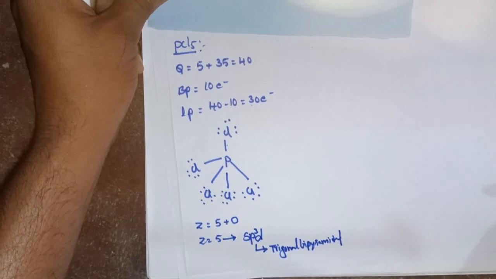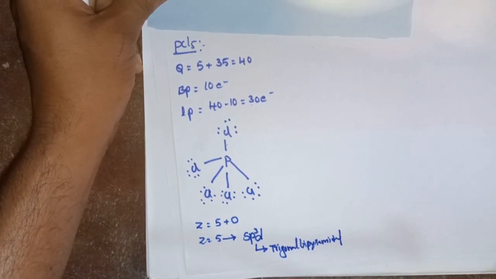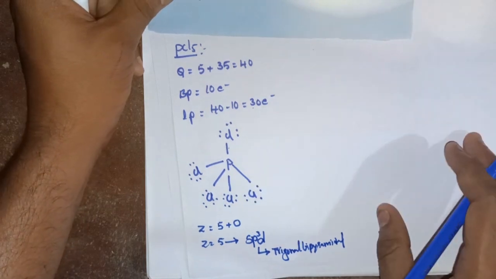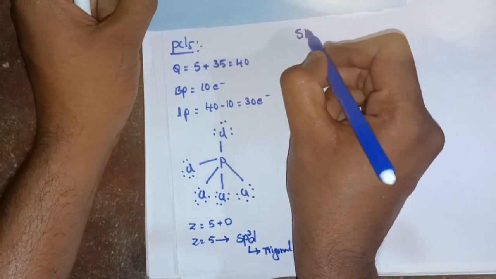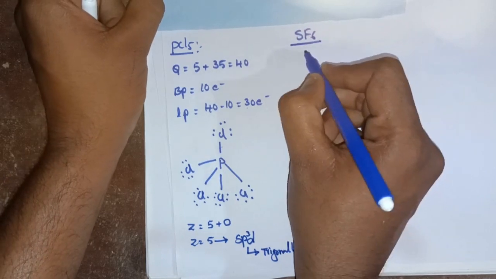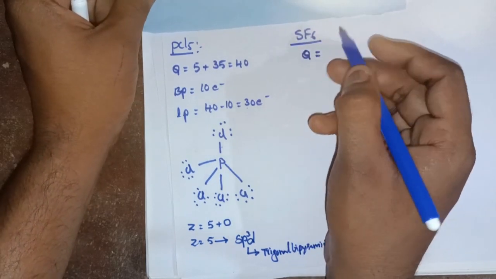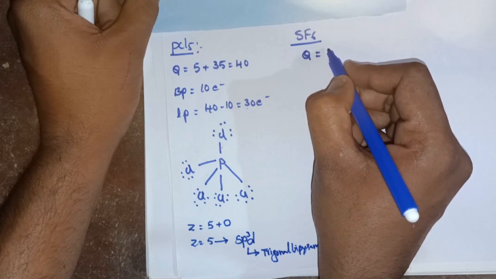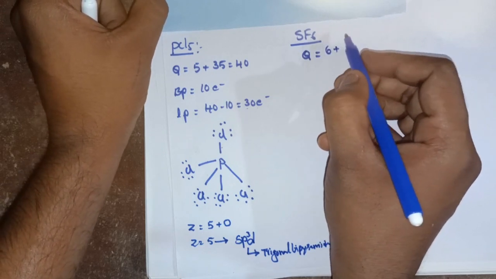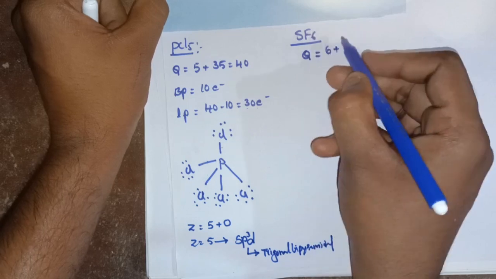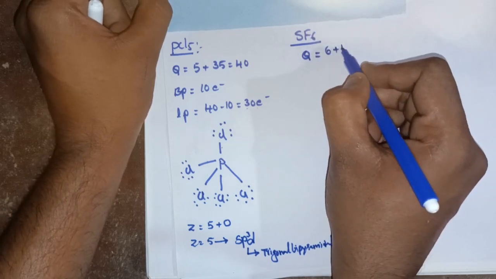Let's find out the hybridization for the SF6 molecule. The total number of electrons is: sulfur 6, each fluorine atom contains 7 electrons, therefore 6 sevens are 42.